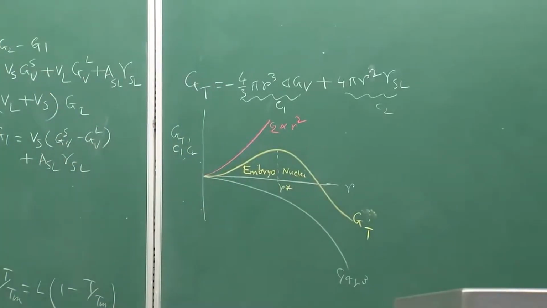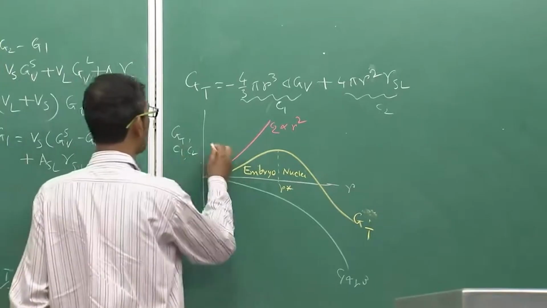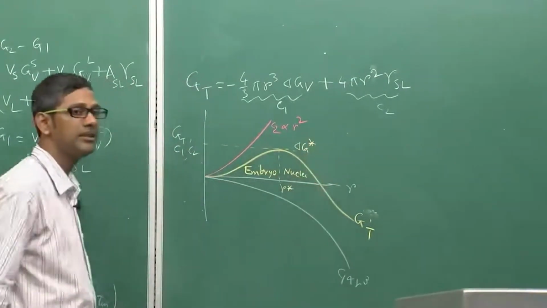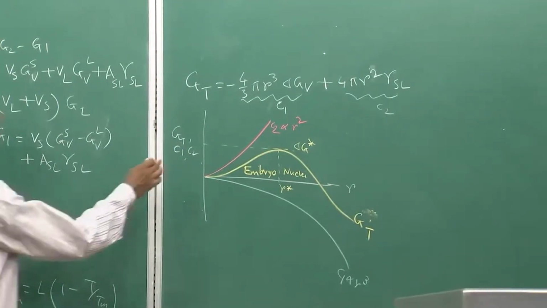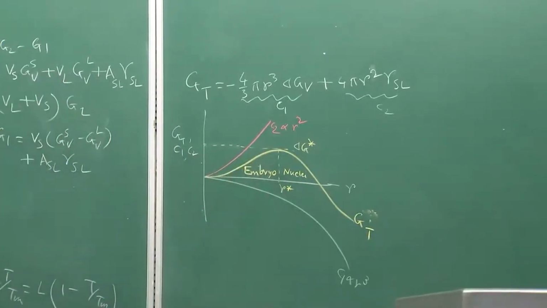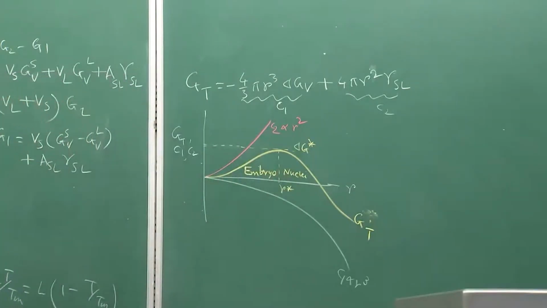The G_T value corresponding to R star is known as delta G star, the critical value of G_T. It tells you that for every system, whether solid, liquid, gas or whatever, whenever a solid phase forms from a liquid, vapor or solid, the formation of a nucleus from the parent phase is a barrier-dependent, activation-controlled phenomenon.